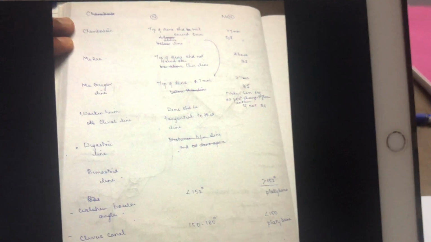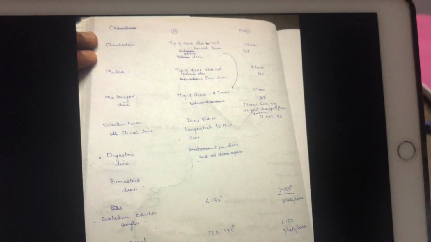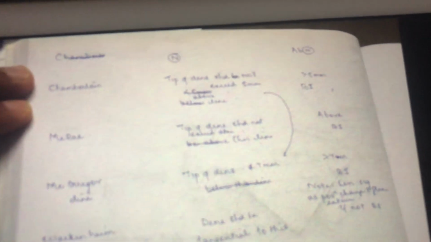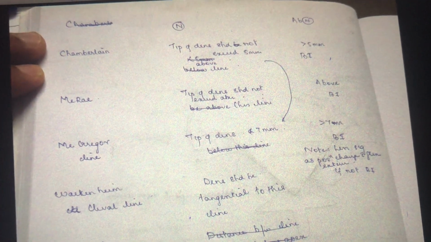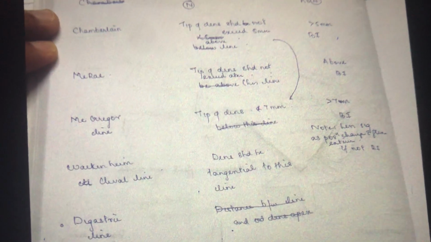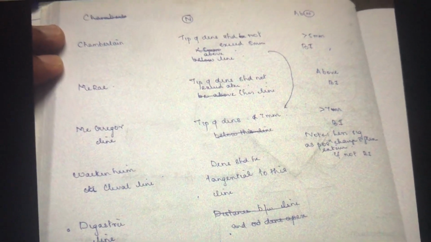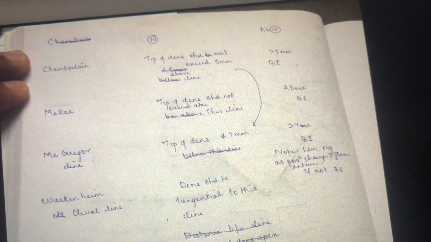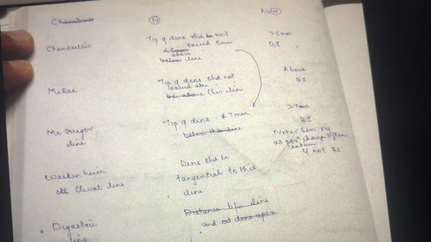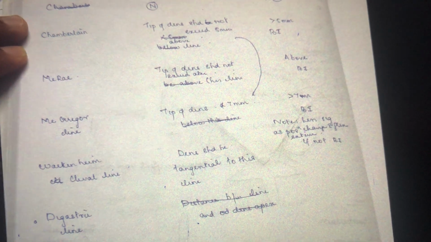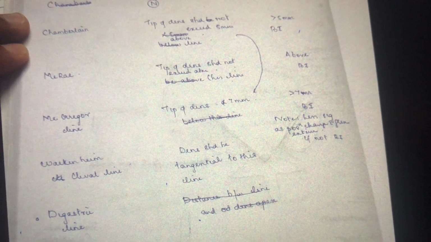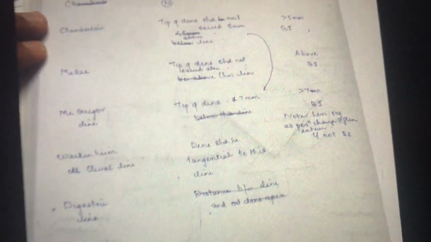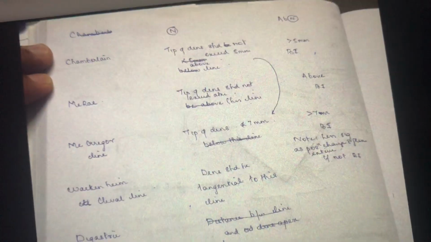Now the implications. Chamberlain's line, as I told, is for basilar invagination. The tip of the dens should not exceed 5 mm. It is 5 mm; I think I told it as centimeters previously. McRae's line: the tip of the dens should not exceed above it, since it is the topmost point of the canal.